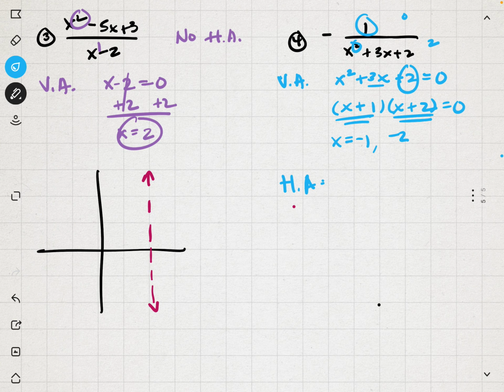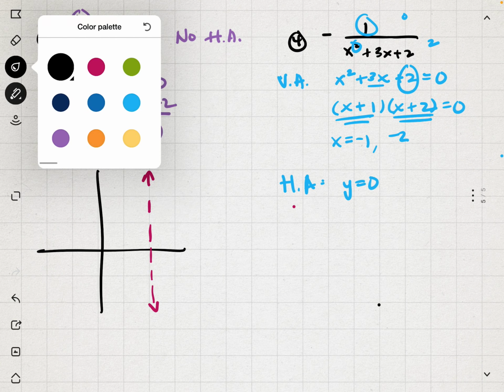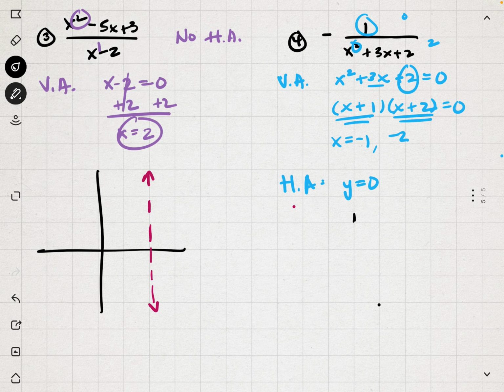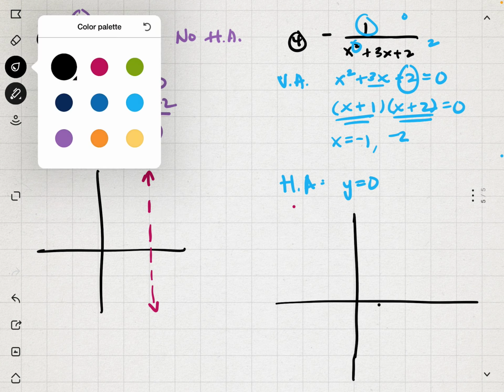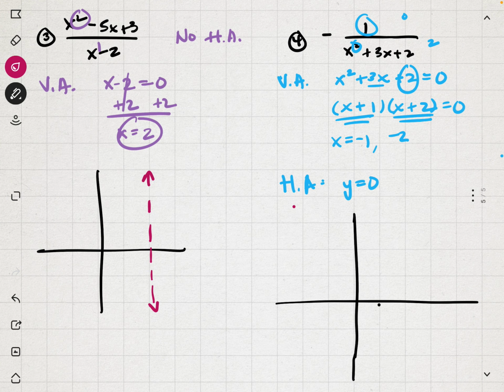Then we know that it's going to be at y equals 0. So let's go ahead and sketch this really quick. Okay, so we have two vertical asymptotes, one at -1 and one at -2. And we have a horizontal asymptote at y = 0.